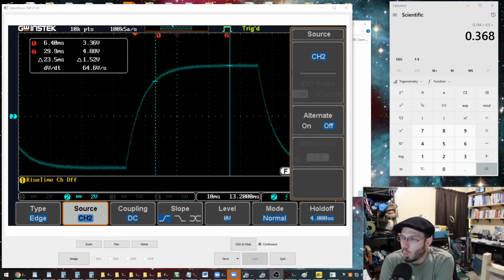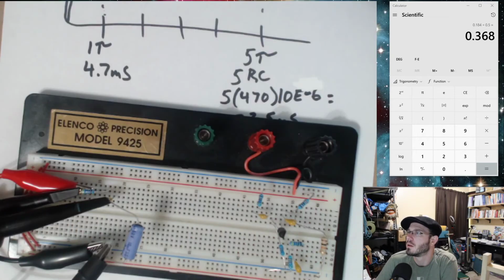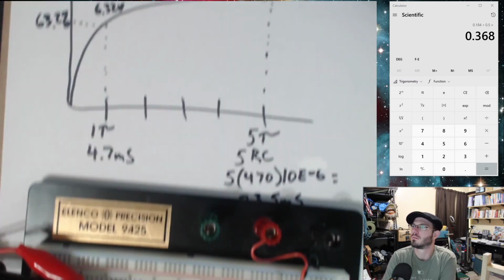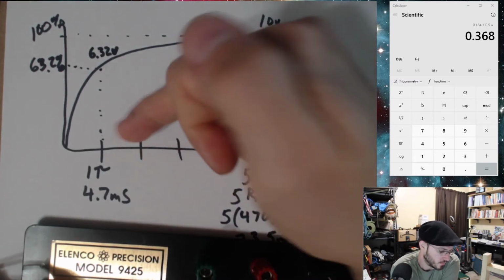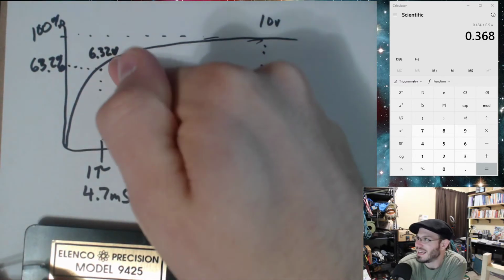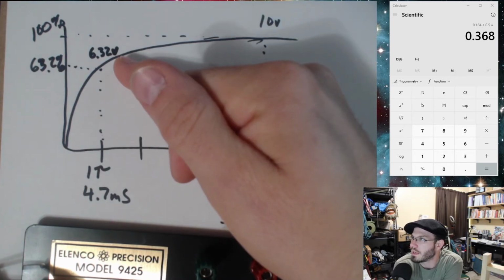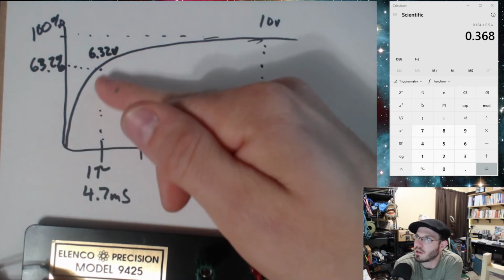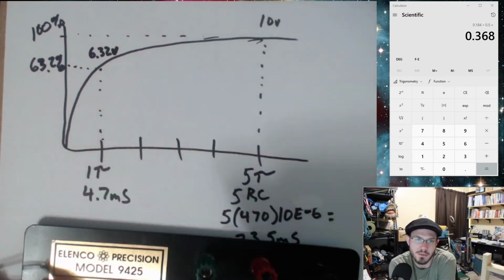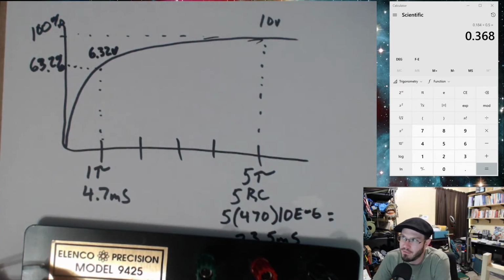So we know one time constant occurs at 4.7 milliseconds. And we should see a 63.2% increase in our voltage. So 4.7 milliseconds. Let's take a measurement at the first time constant.